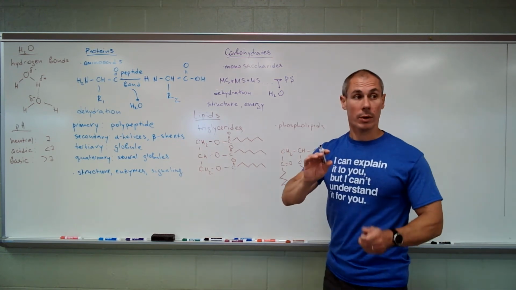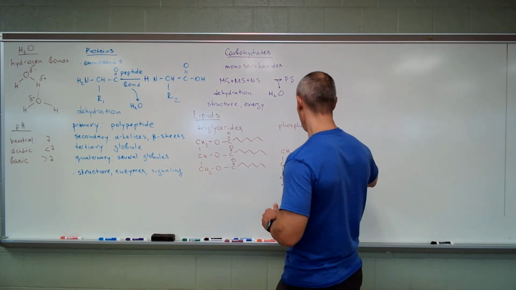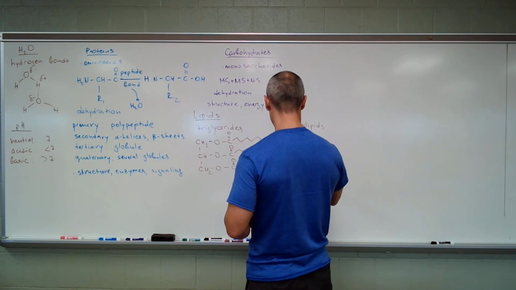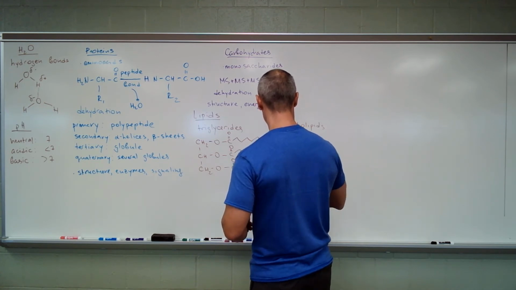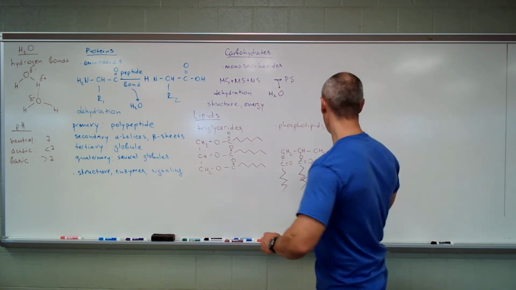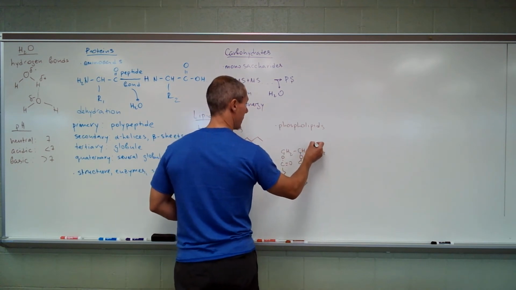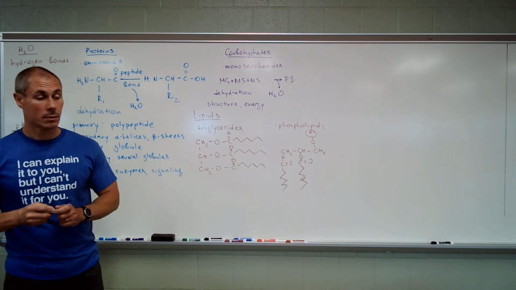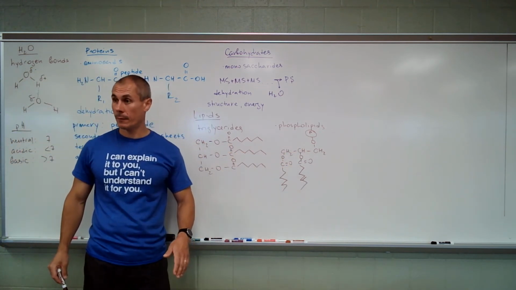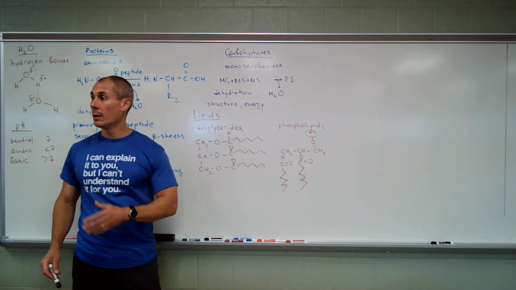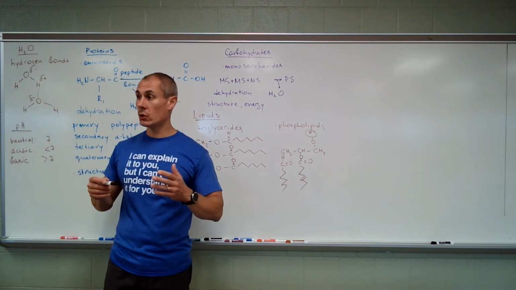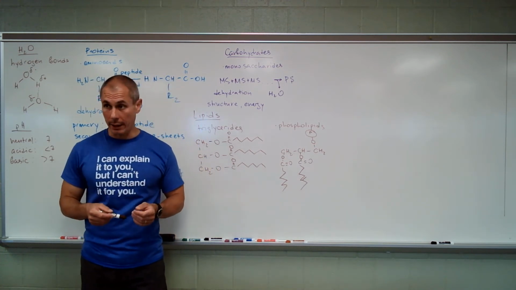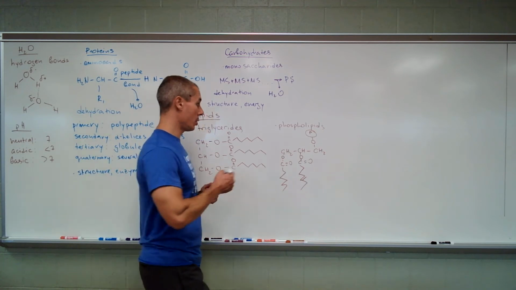What is important, really, really important, and I forgot oxygen here. Okay. What really is important, there is a phosphate group right over here. Okay? There's a phosphate. Phosphate is the inorganic anion, which is negatively charged.